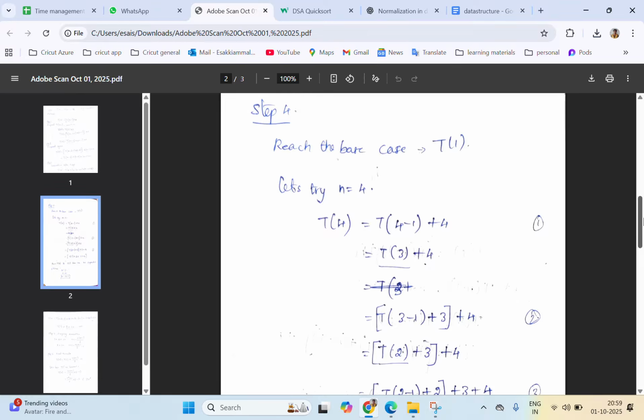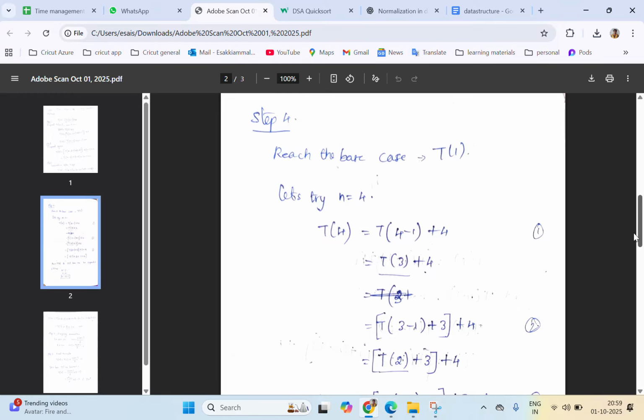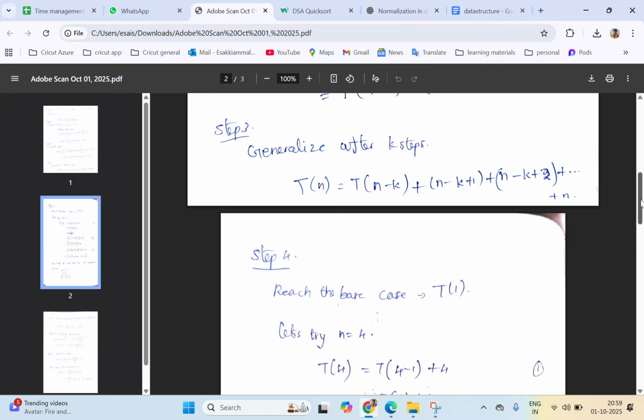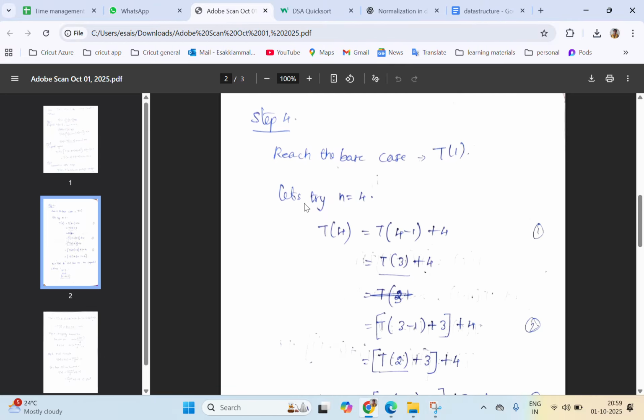And then in step 4, we need to understand how to reach T(1), since we have the formula for T(n). Let's try one example: if n equals 4, then as per our formula T(n) = T(n-1) + n, T(4) equals T(3) plus 4. Applying the formula again for T(3), we get T(2) plus 3 plus 4.